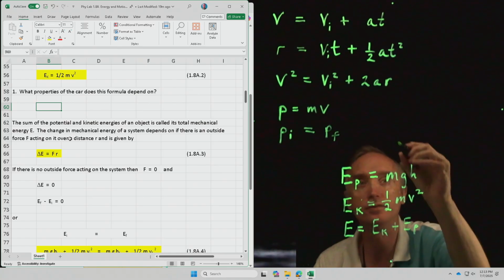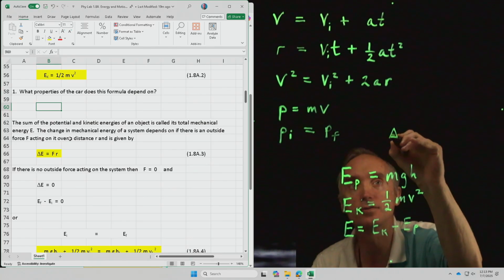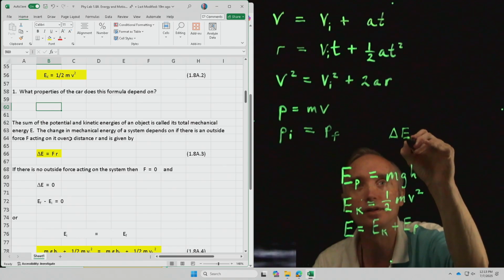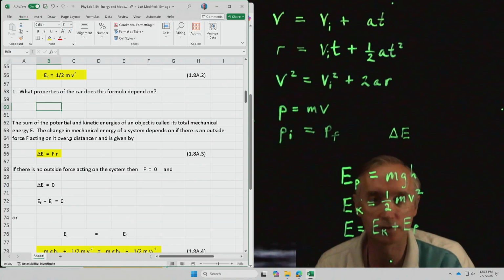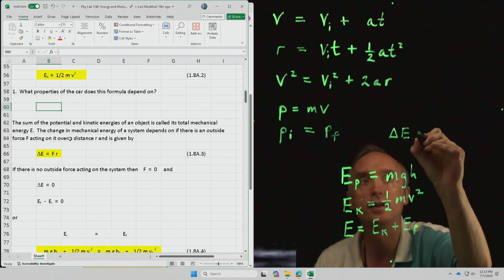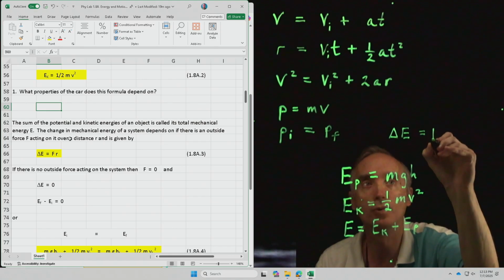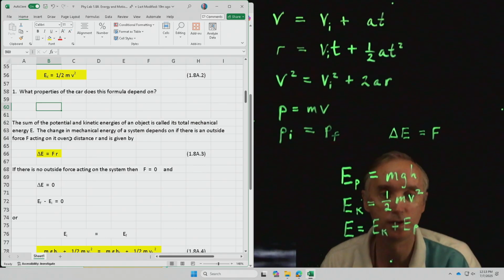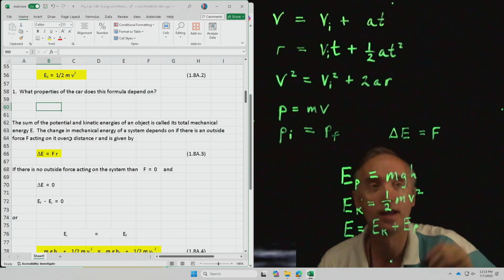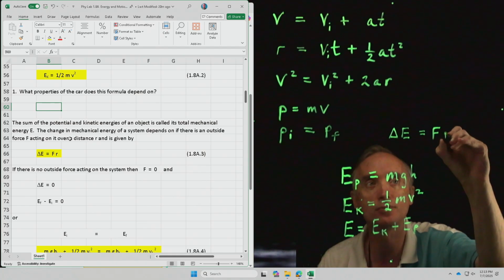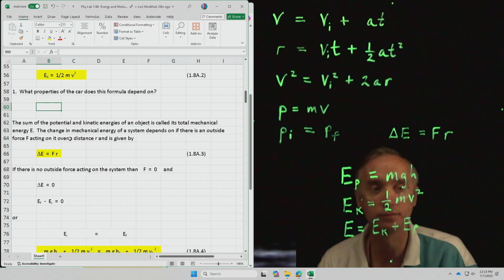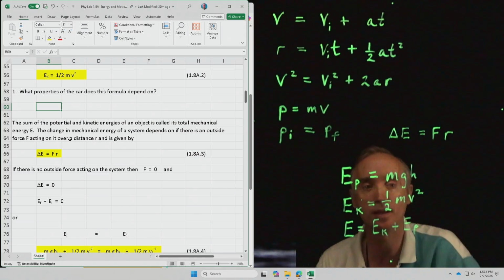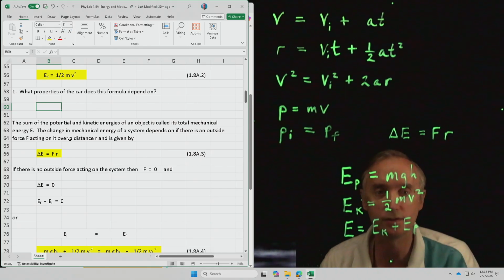So the change in its energy is going to be related to force. And it's going to be related in that when a force, now it's going to be an outside force, acts on a system and then causes that system to move a distance r, that's going to change the energy of that system.